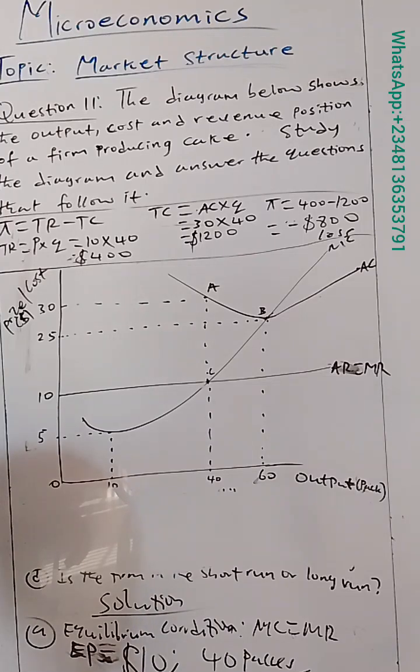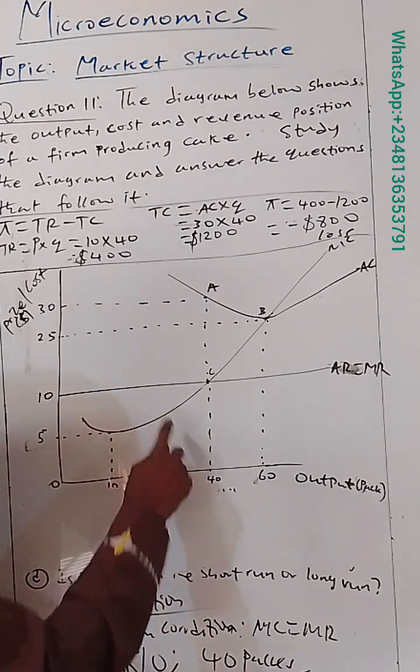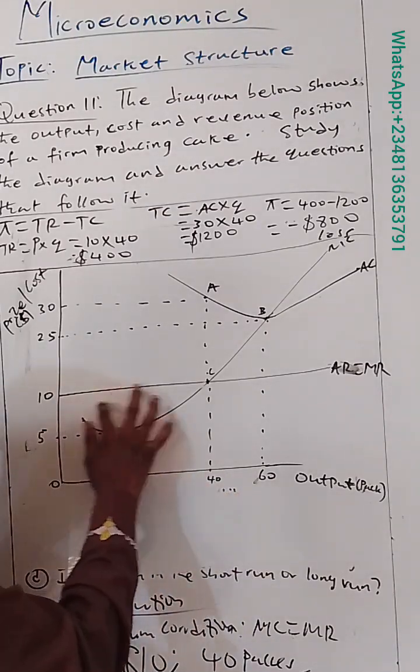But if the price is not fixed, the firm is operating in an imperfect market. Look at it here, the price is fixed. It's $10 throughout. No matter the level of output, it is $10.